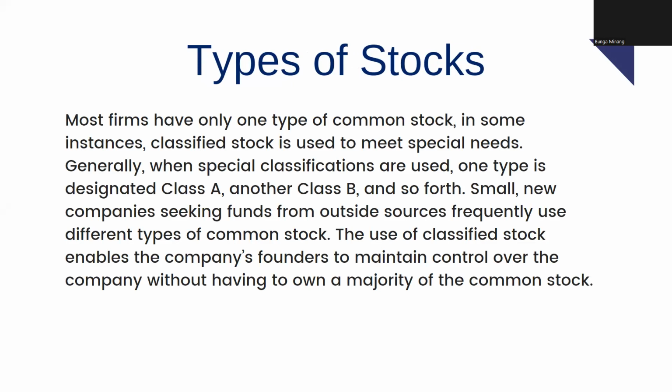Small, new companies seeking funds from outside sources frequently use different types of common stock. The use of classified stock enables control over the company without having to own a majority of the common stock.